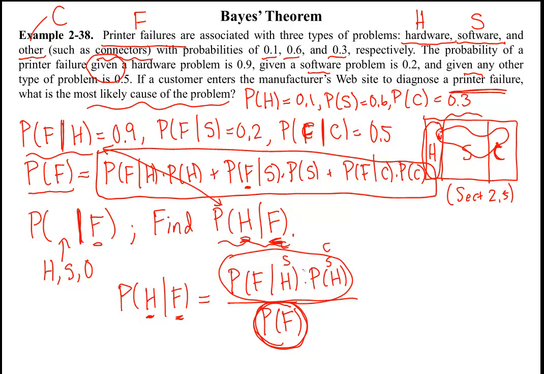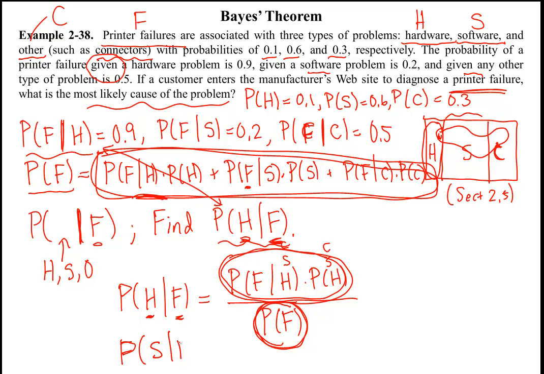So it's really just a ratio of this type of failure given hardware over the total probability of failure. This time the numerator is this first piece. When you do probability of software given failure, the numerator is going to be this piece, and likewise for other.